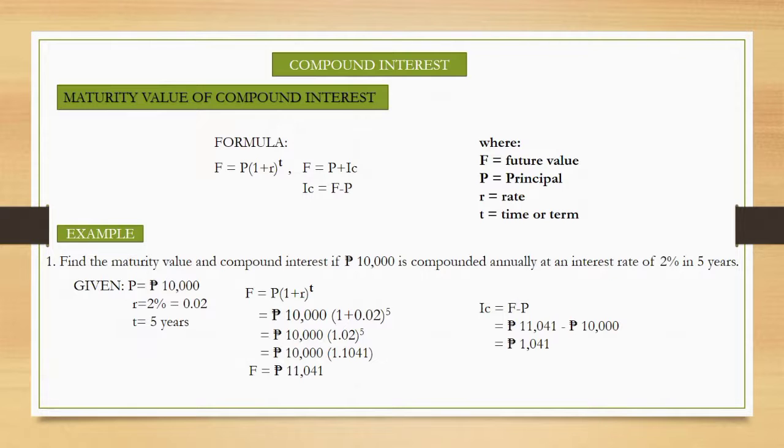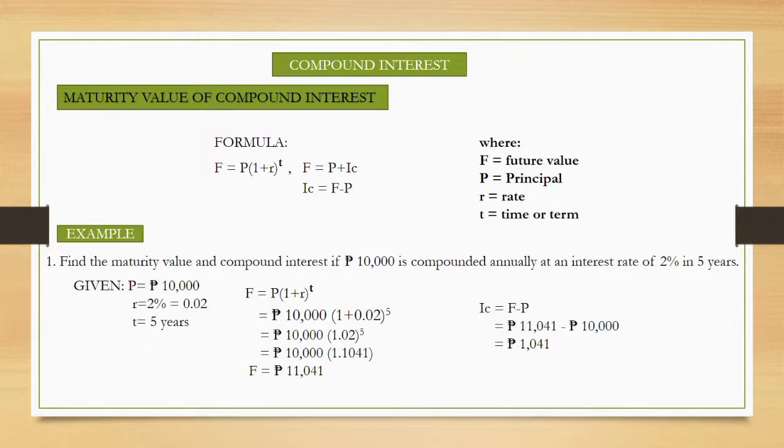So let's take another example, the maturity value of compound interest. The formula of maturity value, or the future value, in a compound interest is F equals P times (1 plus R) raised to the power of T, or F equals P plus IC, or compound interest, and IC equals F minus P, or future value minus principal, where F is future value, P is principal, R is rate, while T is term or time.